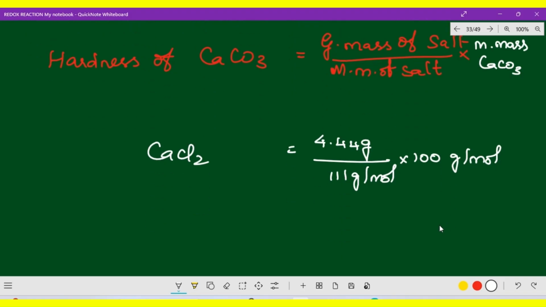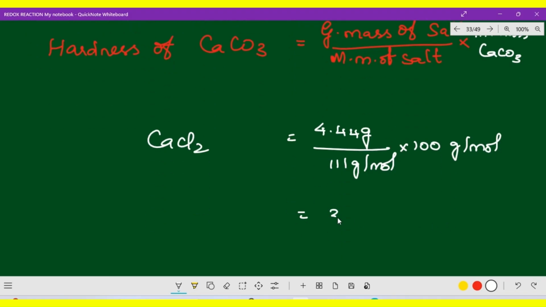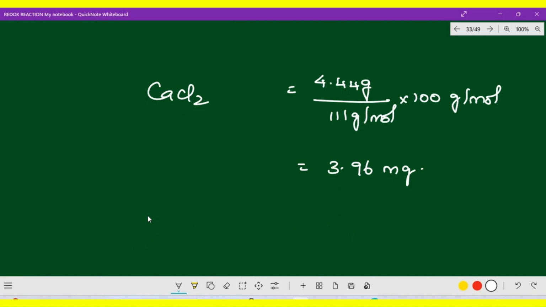So what answer will you be getting? You will be getting around 3.96 milligram. Next one, MgCl2, here also the same. Given mass, how much? I just mentioned gram, but in the question it has mentioned milligram.